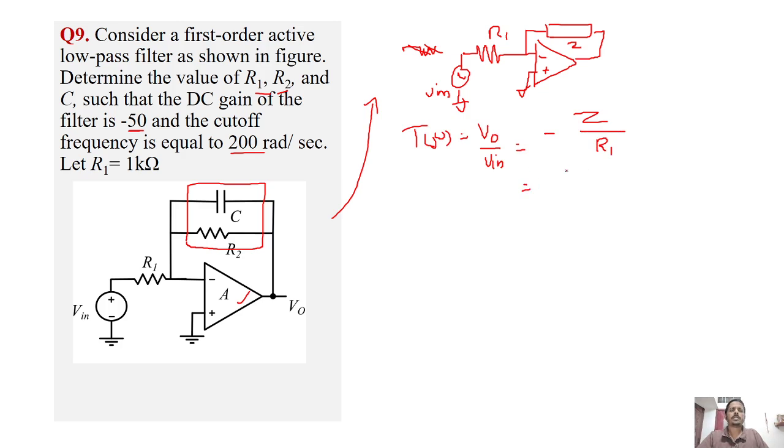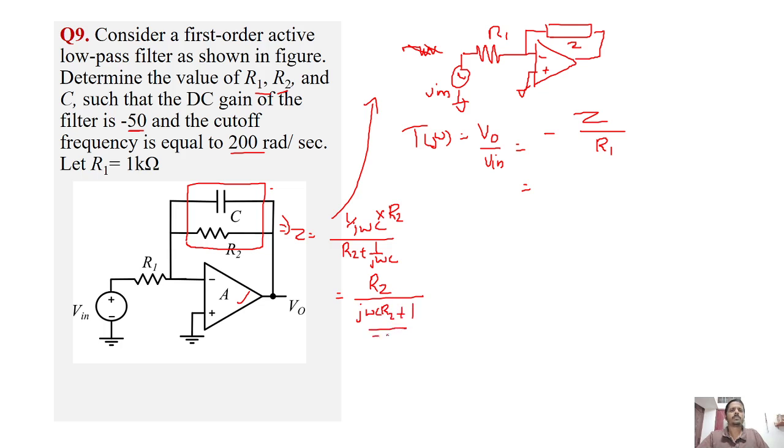What is Z here? Z is the net impedance. Z equals 1 by j omega C in parallel with R2, that is, R2 times 1 by j omega C divided by R2 plus 1 by j omega C. So Z equals R2 by j omega C R2 plus 1.